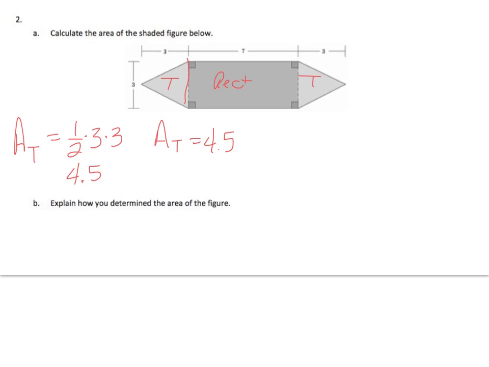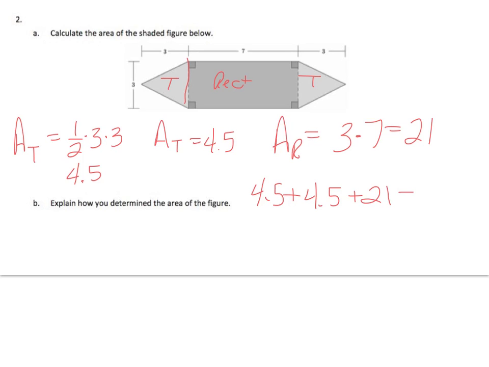And then I have the rectangle. Area of the rectangle is base times height, or length times width, I'm so sorry. Length times width, which is 21. So 4.5 plus 4.5 plus 21 is 30 units squared. How did we determine this?